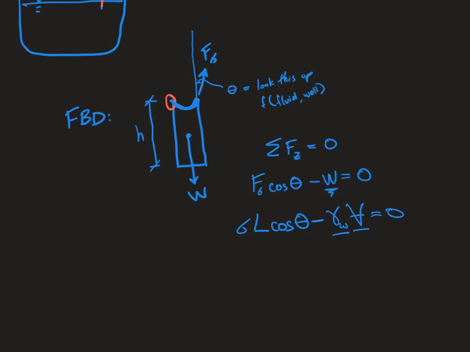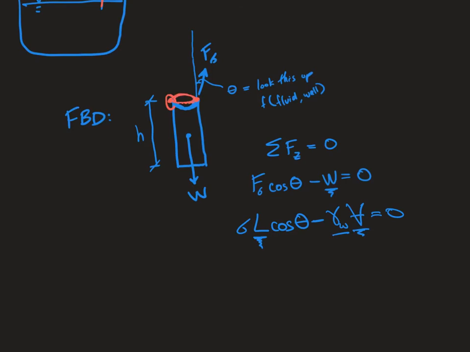Okay, so we're getting close, but we have two problems now: one of them is the L and the other one is the V. The L is the length over which the fluid is in contact with the tube. So it is occurring here, and here, and at all of those spots all the way around this tube.